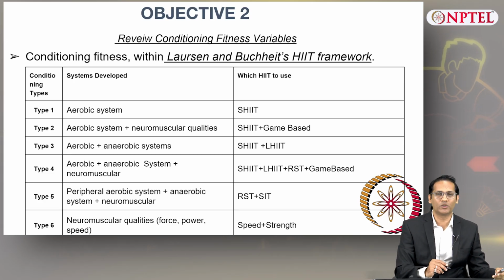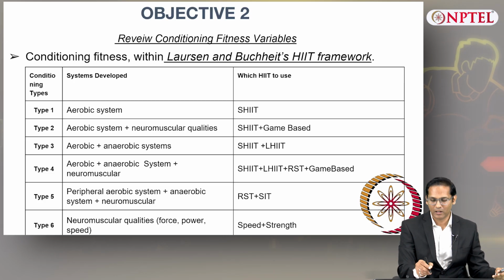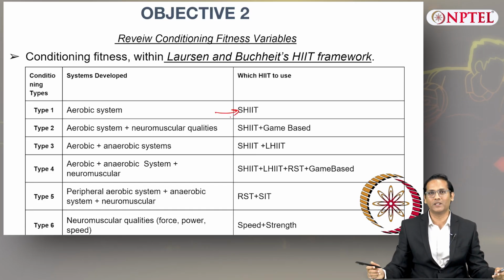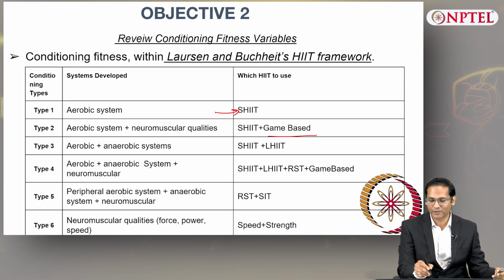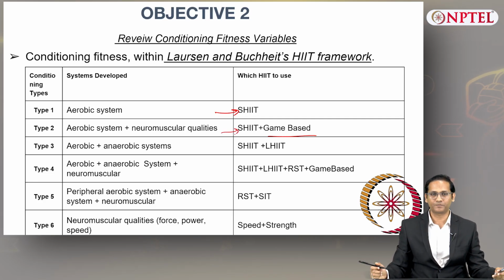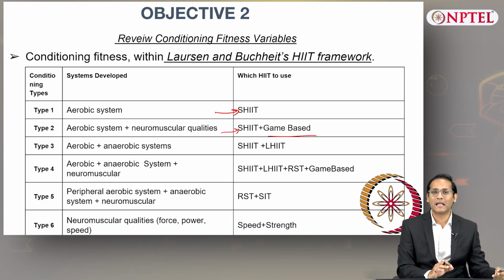So, if you want to develop aerobic conditioning, the HIIT format that you need to use is short HIIT. If you want to develop neuromuscular qualities along with aerobic conditioning, you have to use game based and short HIIT. If you want to develop anaerobic conditioning, you use long HIIT.